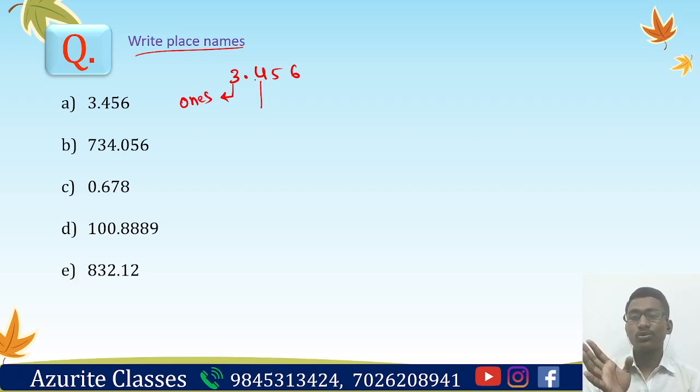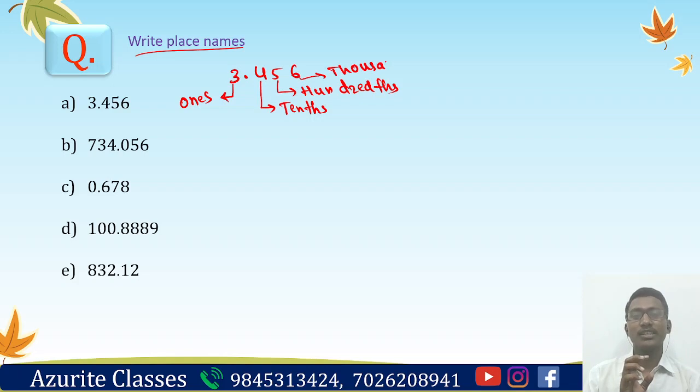But if you come to the right of the decimal point, first is tenths, next is hundredths, then the next is thousandths. Thousandths means thousand pieces. Understood? This is how you have to write the place names.